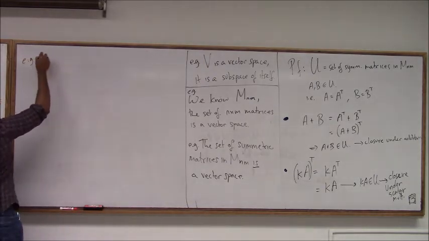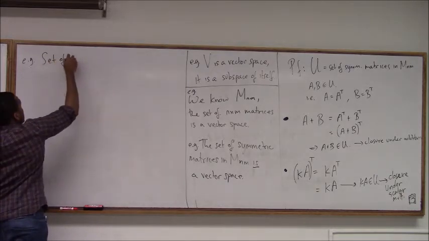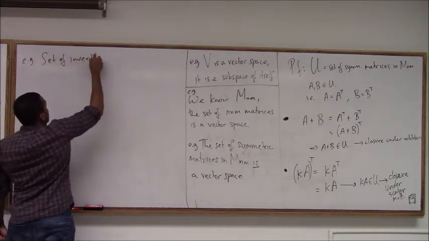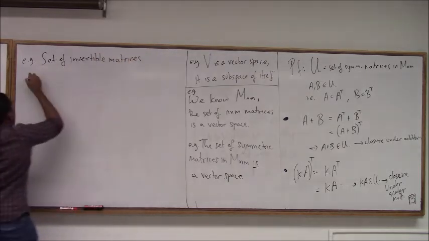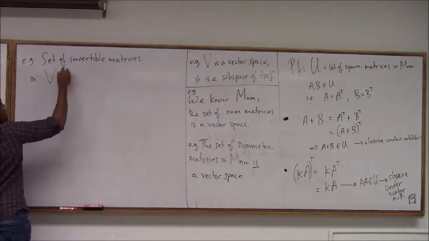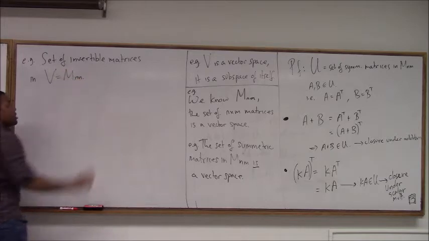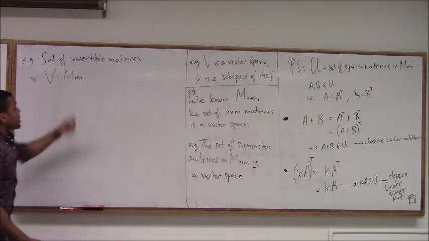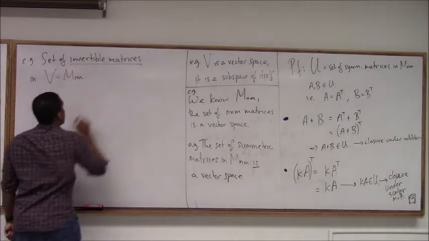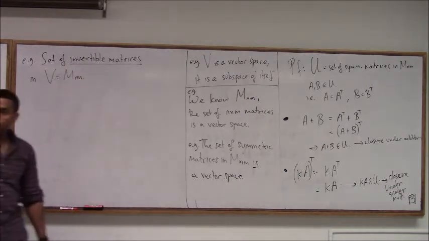Here's an example. Consider the set of invertible matrices in B, the square n by n matrices. I'm going to extract the invertible matrices. Is or is not this a subspace?